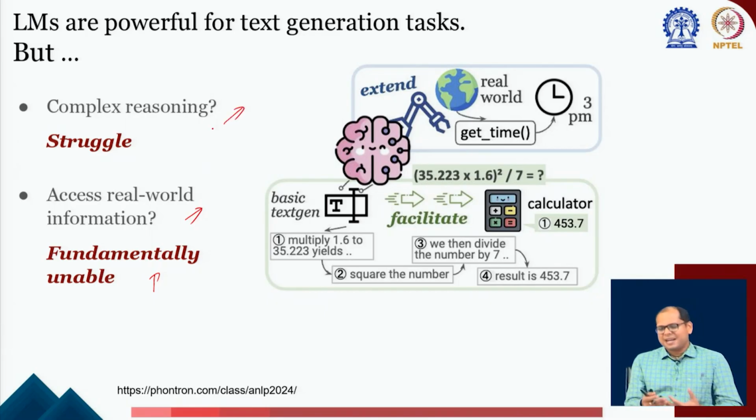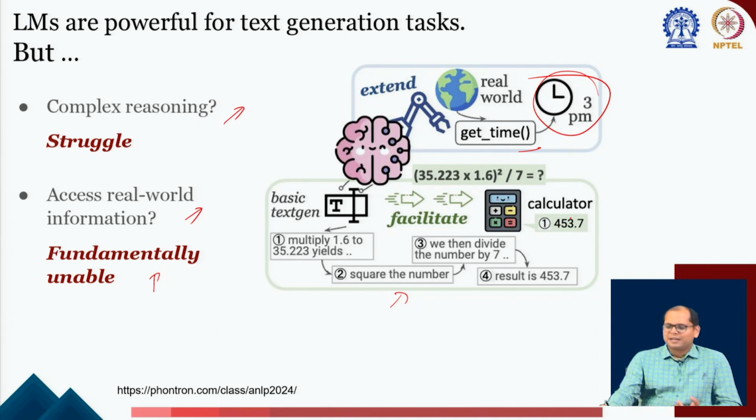Maybe I can add a certain tool, like here you can see, you can extend the language model and get the time, say what is the current time in the real world. So you can get the time at any moment and make use of that. Similarly, for multiplication, square, you can make use of a calculator, because it has been shown that LMs have not been too good with numbers, multiplication and all, they make mistakes.